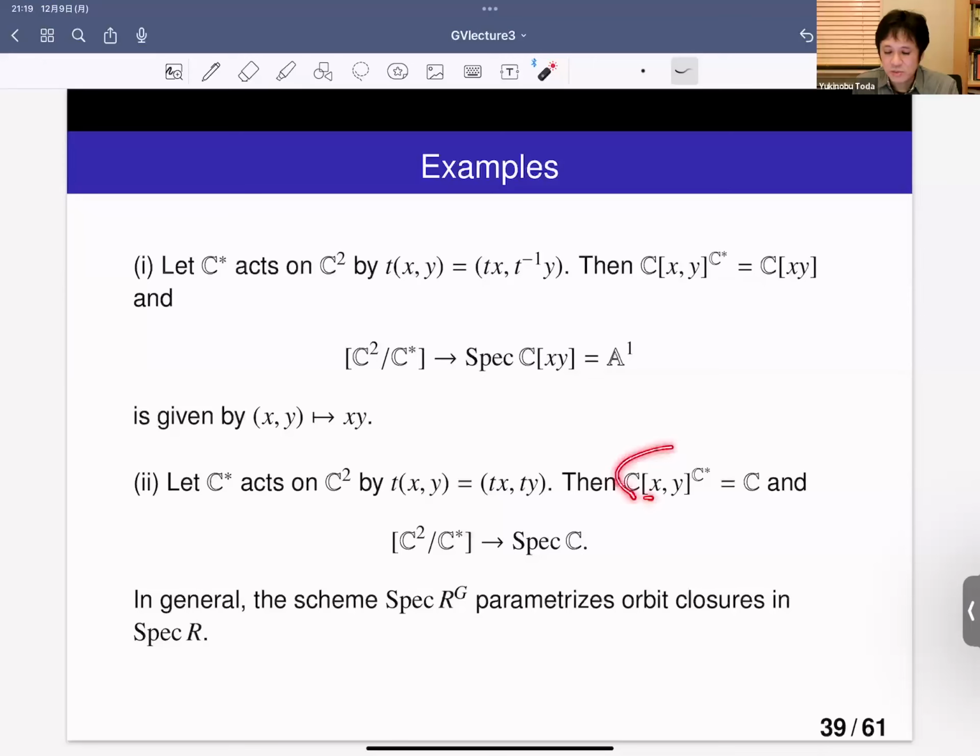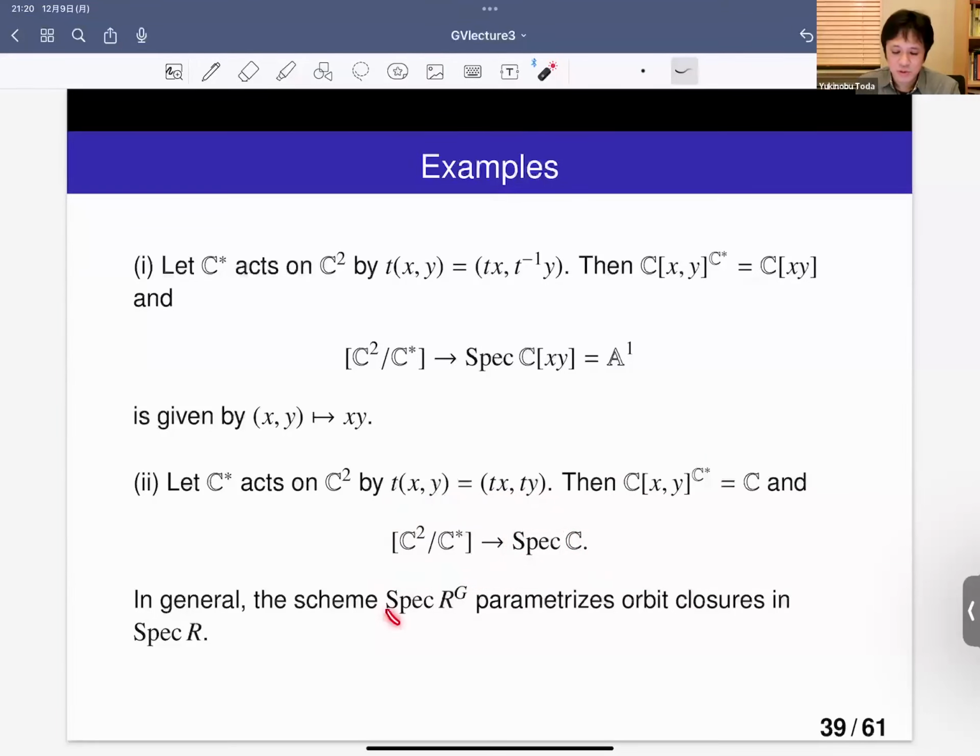Then every polynomial in x, y has non-negative C^* weight, so the only C^*-invariant polynomial is just a constant. So this means that this quotient map is just [C^2/C^*] to a point.